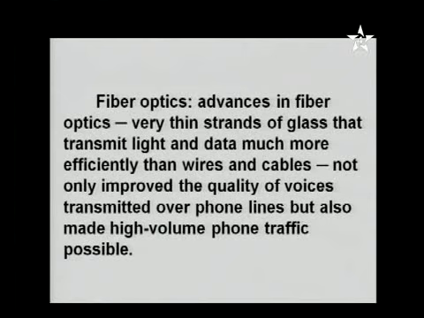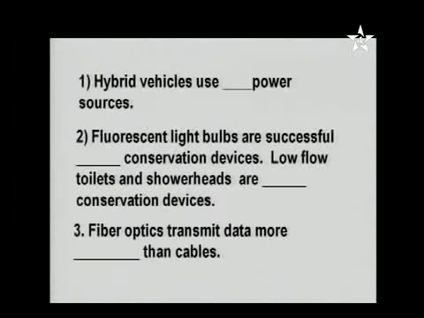Okay, do you remember? Now we have to pick up special words in order to complete these three sentences. Okay, these are the sentences again. Hybrid vehicles use ___ power sources. Fluorescent light bulbs are successful ___ conservation devices.